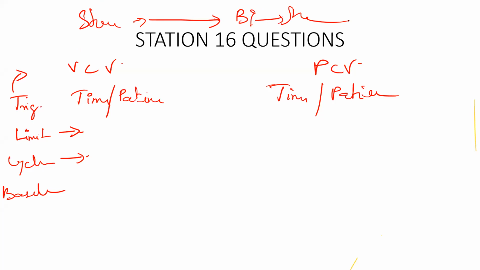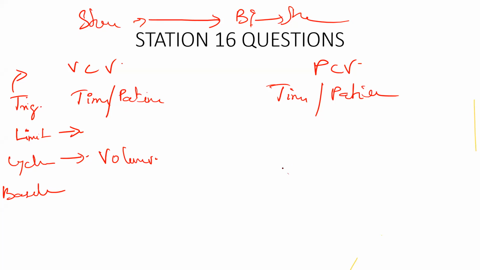Now come to the ventilator. In volume control ventilation, what is the factor which is going to cycle from inspiration to expiration? Tidal volume. Very good. You set a tidal volume, and once that particular tidal volume is reached, the ventilator will tell, okay, I've reached the set tidal volume, now I'll change to expiration. This is called cycling.